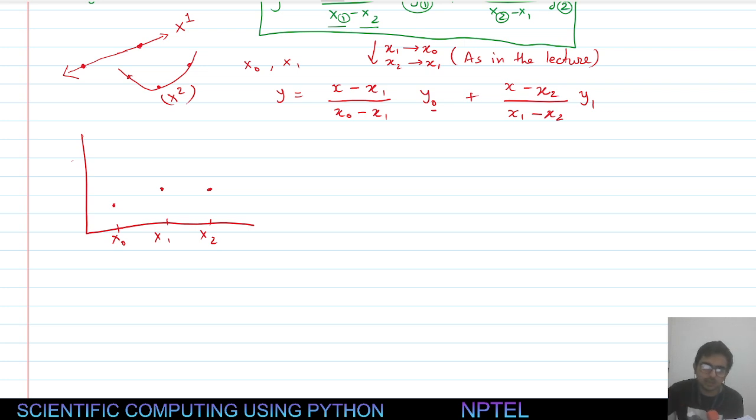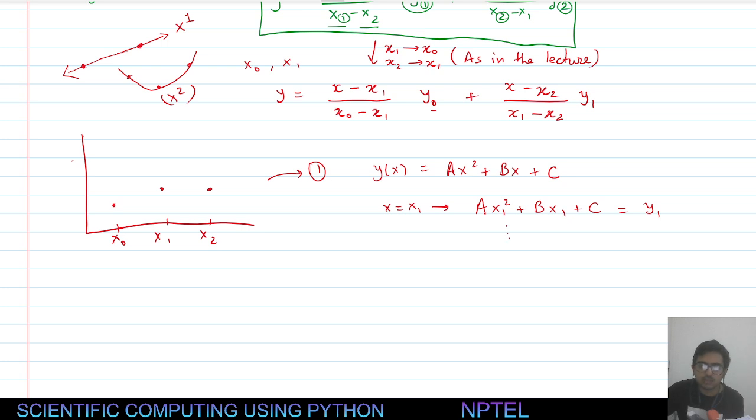So again, we have two ways to do it. First is, as I explained earlier in the linear interpolation part, that you say that our function is ax square plus bx plus c, right? And then we put x is equal to x1. That gives us one equation, a x1 square plus b x1 plus c, and this is equal to y1.